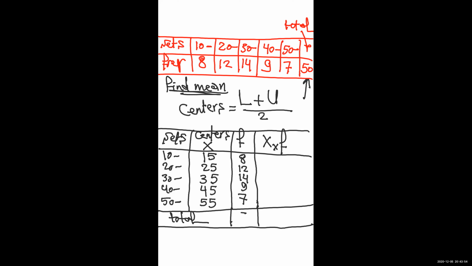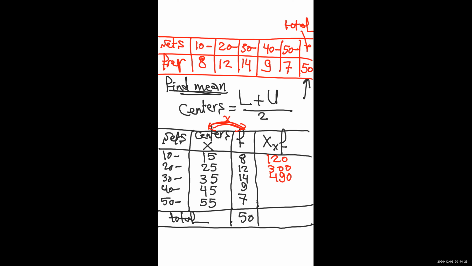Now get x times f, so multiply these two columns, x and f. 8 times 15 is 120. 12 times 25 is 300. 14 times 35 is 490, I guess.